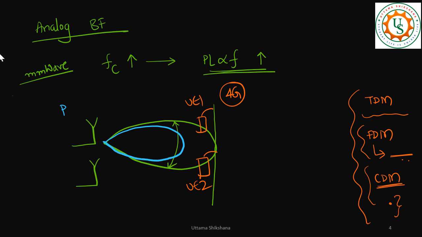The beam did not travel for a longer distance, that is the first point, and there is a huge path loss. And if you see, with this beam we were not in a position to even address any of the UEs. So that is when a new technology is introduced, that is nothing but analog beamforming.